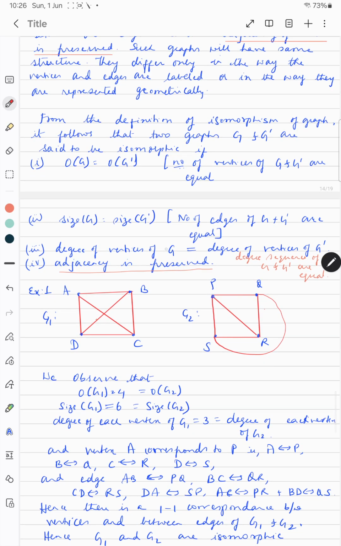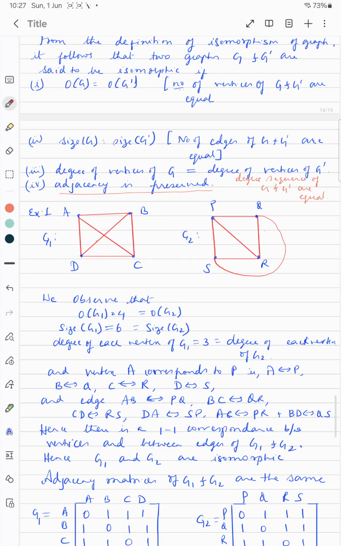Degrees of vertices of G must be equal to degrees of vertices of G dash, or we can also say that the degree sequences of G and G dash are equal. Adjacency of vertices is preserved. So these four conditions are very important. If these four conditions are satisfied, then we say that G and G dash are isomorphic.